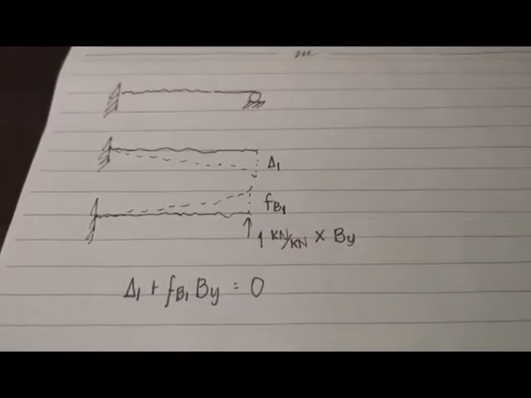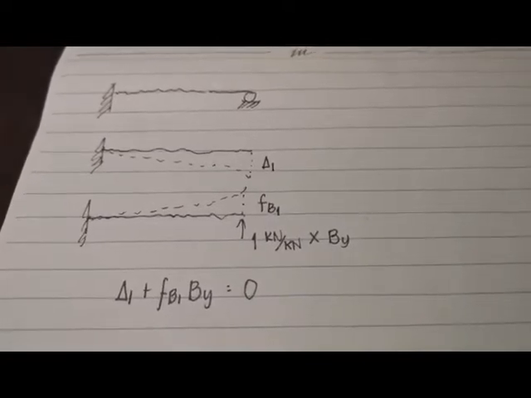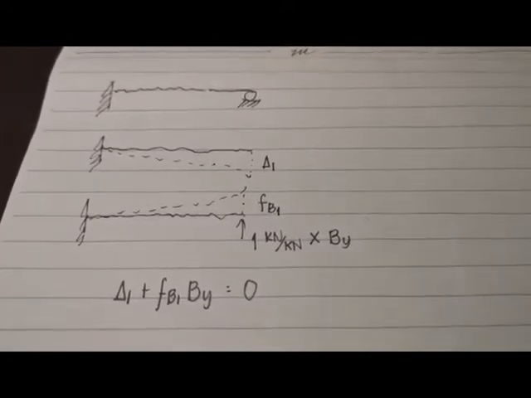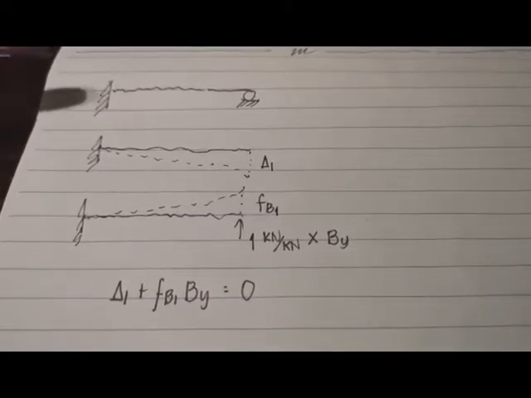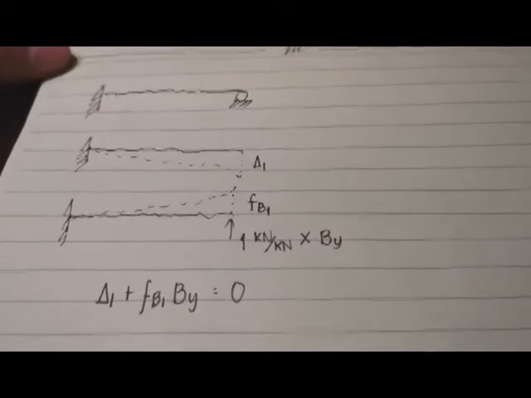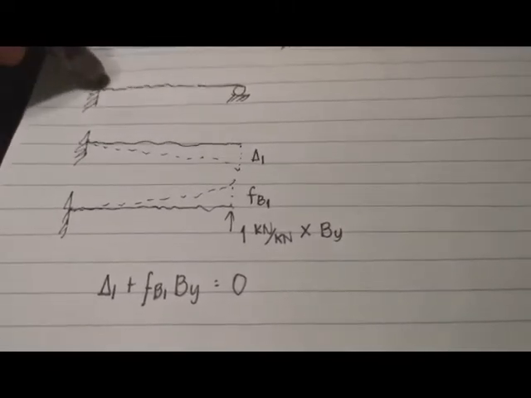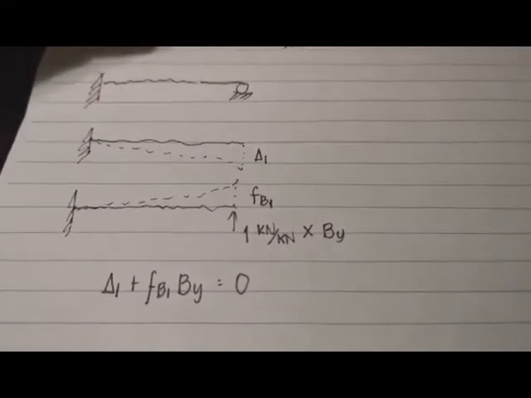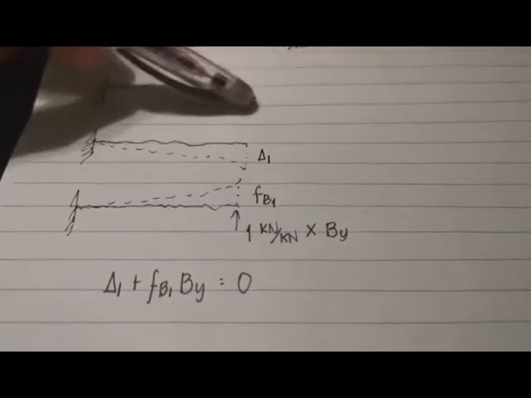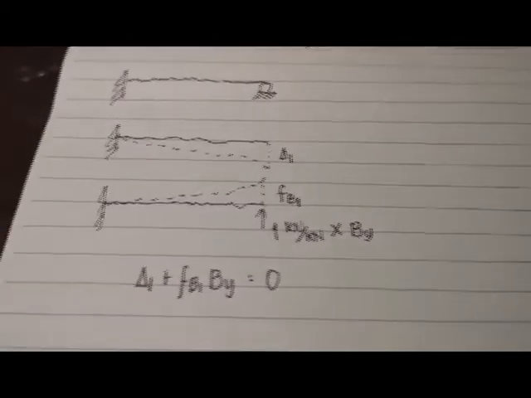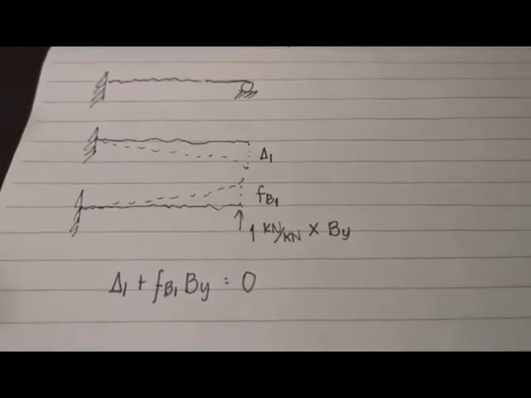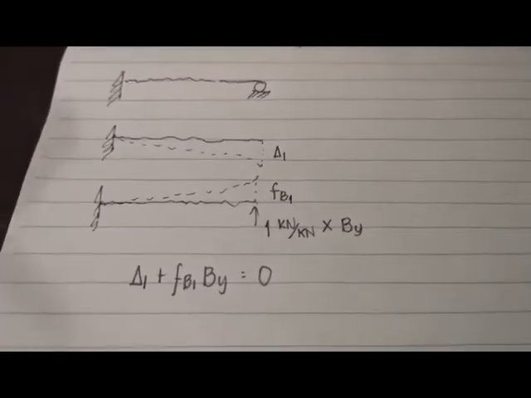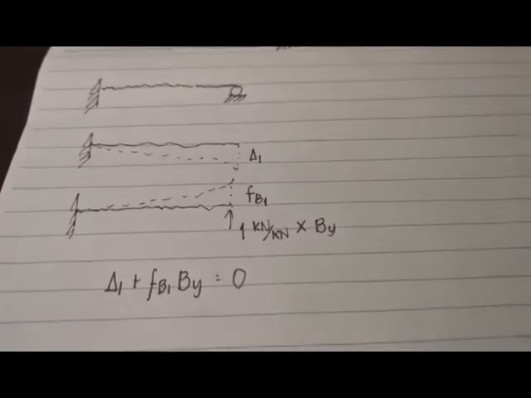So the concept for multiple degree indeterminate structures is just derived from the single degree indeterminate structure. For example, this beam: we have a fixed support on the left and a simple support on the right. So we already know that this is a single degree indeterminate structure.